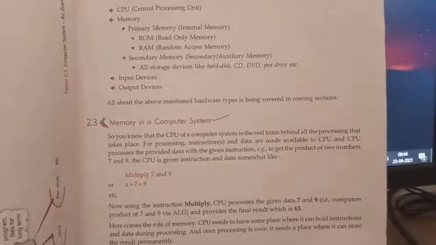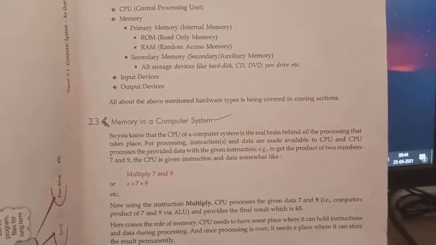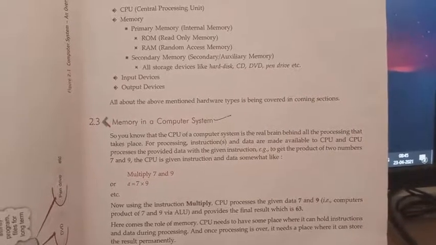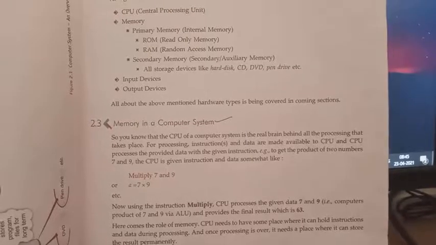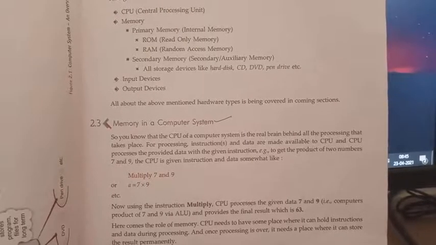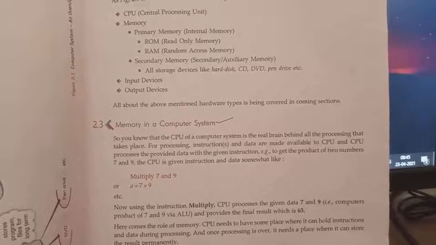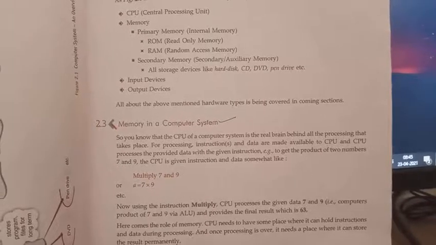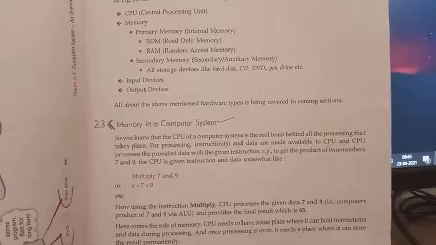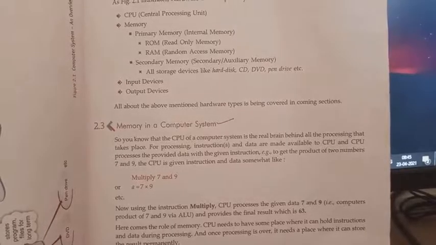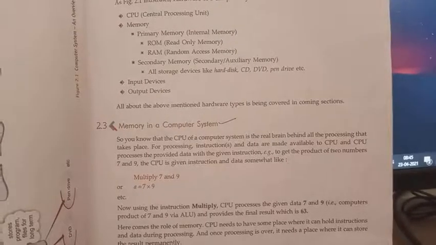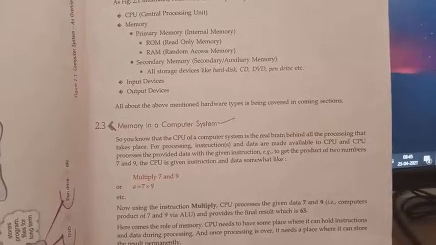In the previous chapter we already studied the different parts of a computer. The first one is the CPU, central processing unit, then memory. Memory is again classified into two types, primary memory and secondary memory. Primary memory is again classified into two types, RAM and ROM. Secondary memory is also called auxiliary memory.